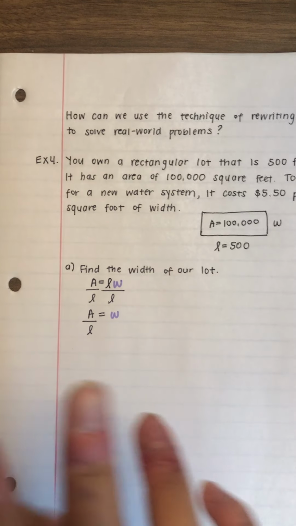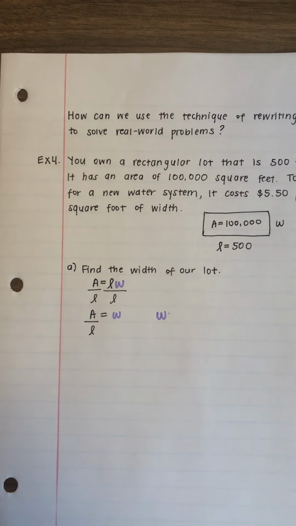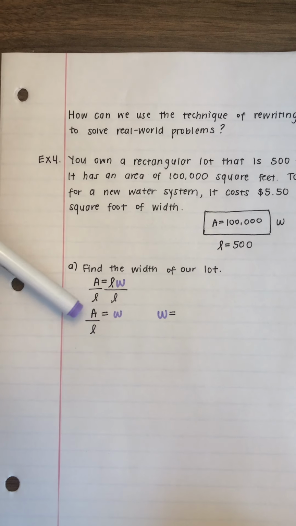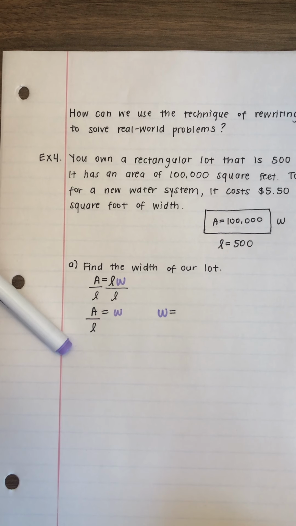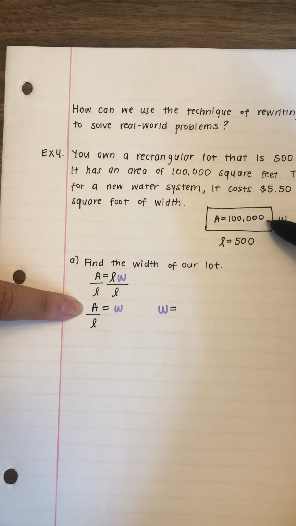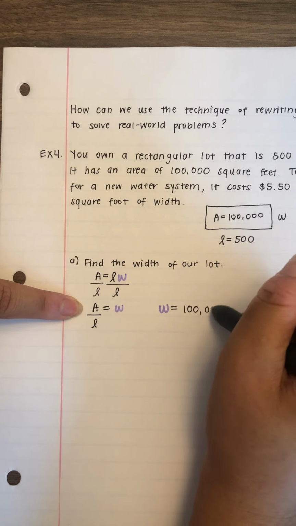So the way that we're going to find our width is we're going to plug in what we know for A and L. So we know that A is 100,000 square feet. So wherever we have A, we can put 100,000.